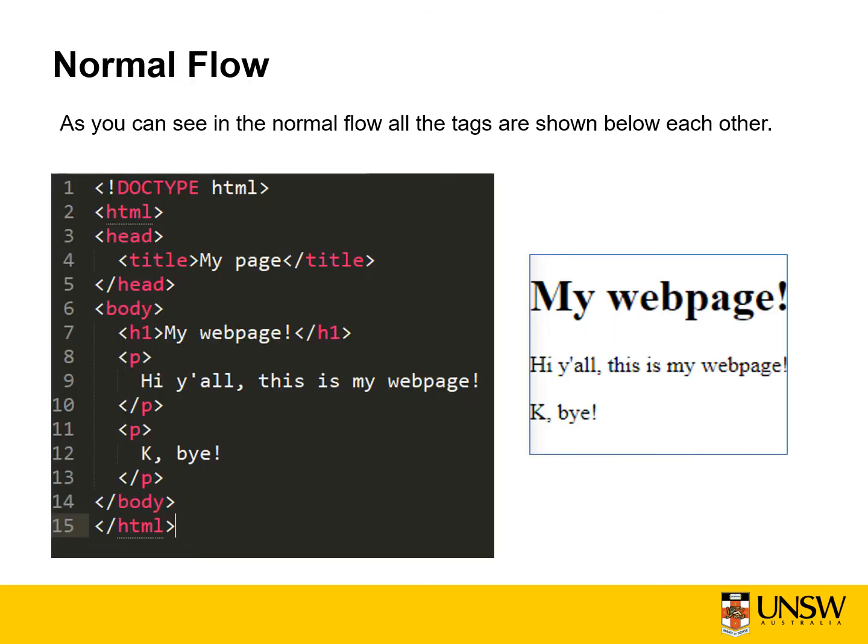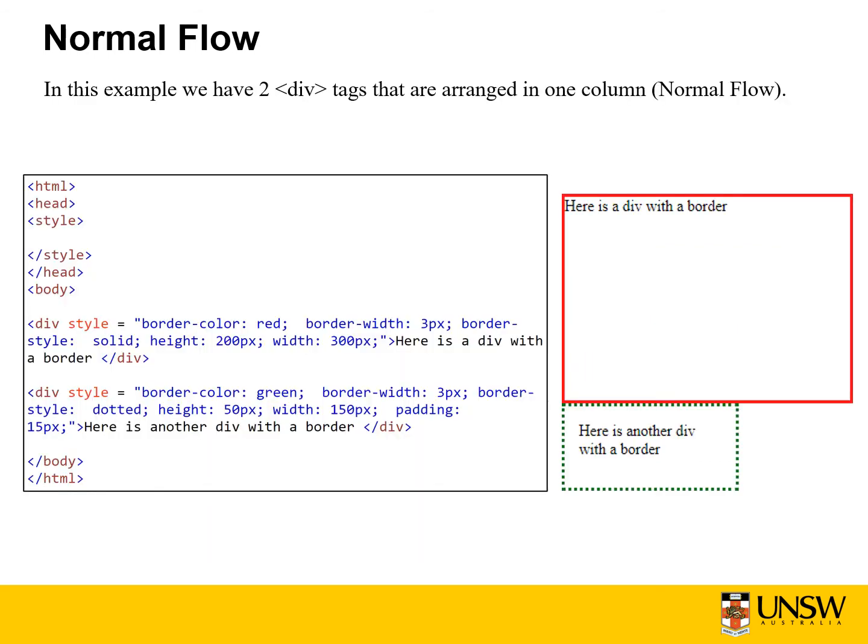In this page, we have a normal flow as all the tags are arranged below each other in one column. The web page is started with h1 tag, then the first and the second p tags are added. In this example, you can see a normal flow again as both div tags are arranged in one column in order.